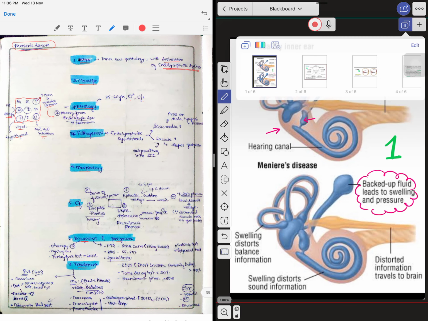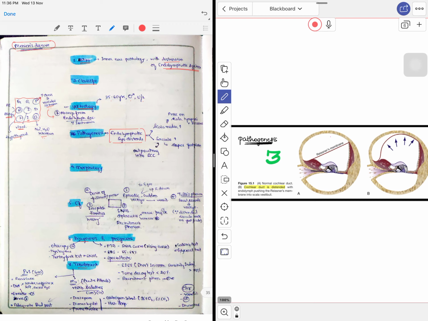Let's talk about the pathogenesis of this disease. As a result of the endolymphatic system getting distended, fluid is going to fill more and more in the scala media, and that in turn is going to press over the Reissner's membrane, causing the scala vestibuli to get extremely reduced.